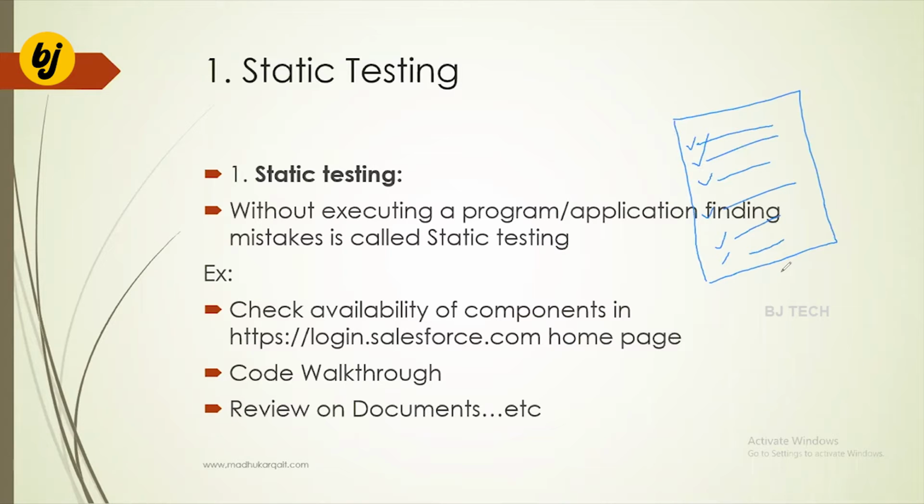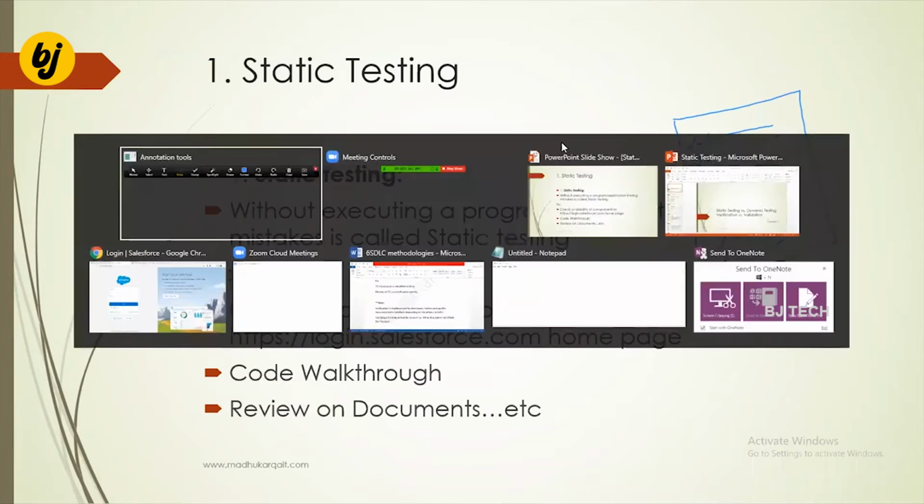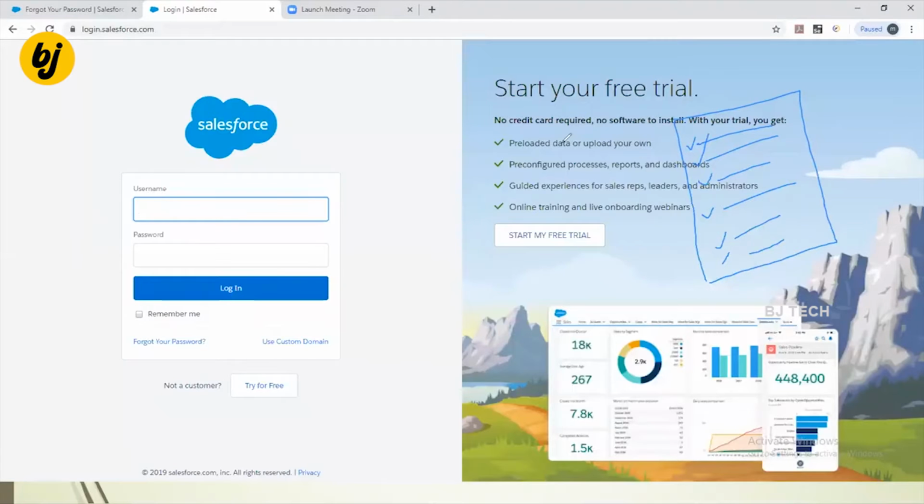Application level also we can do static testing. What is the example I have given here? Check availability of components in the login.salesforce.com homepage. That means if I go to this page, I want to check availability of components like whether the username text box is available or not, password text box available or not, login available or not, remember me component available or not.